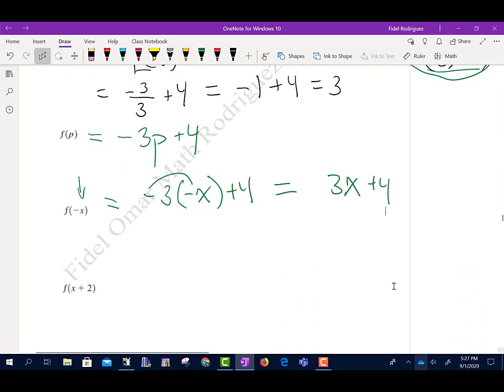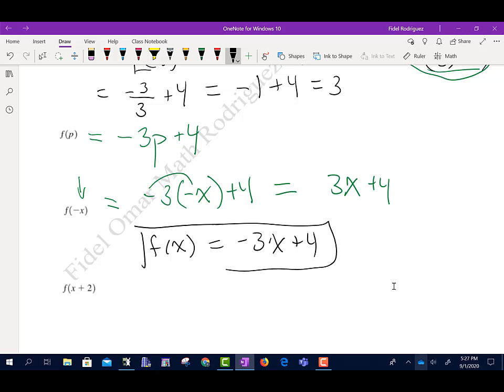And is there another one? Yeah, there's another one here, f of x plus 2. Okay, so let me just write my original function again. f of x equals negative 3x plus 4, just so that I know that was my problem. Now we're going to find f of x plus 2. So I'm going to put negative 3. Instead of me writing x, I'm going to write x plus 2, plus 4.